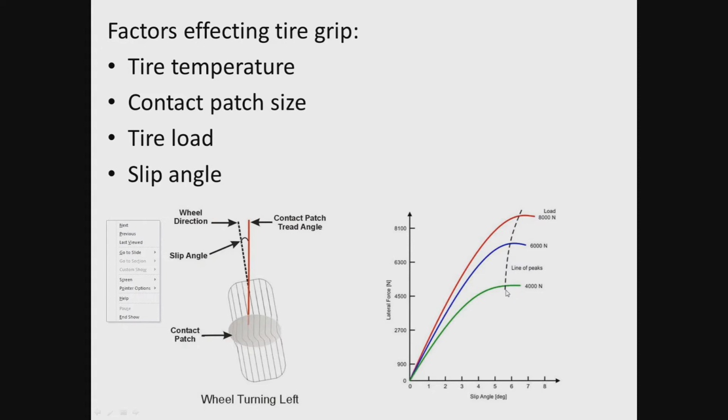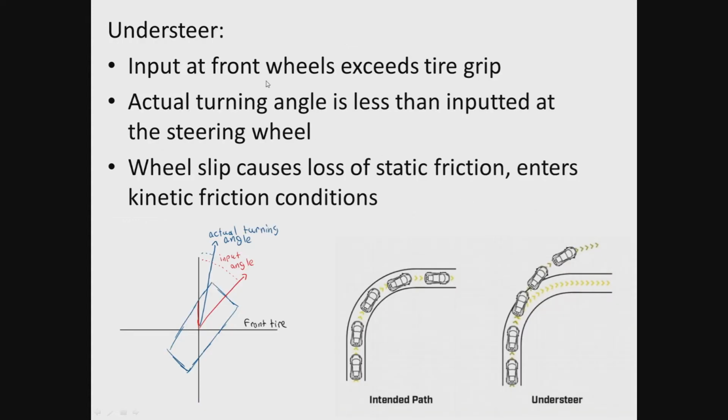You'll see your lateral load drop, and then you'll eventually exceed the lateral load and the tire will begin to slip. Now, the tire slippage is going to bring us into our next topic, which is understeer. We'll look at understeer and oversteer independently, but we'll look at understeer first. Understeer is concerned with the amount of grip that your front tires are capable of generating at any given point.